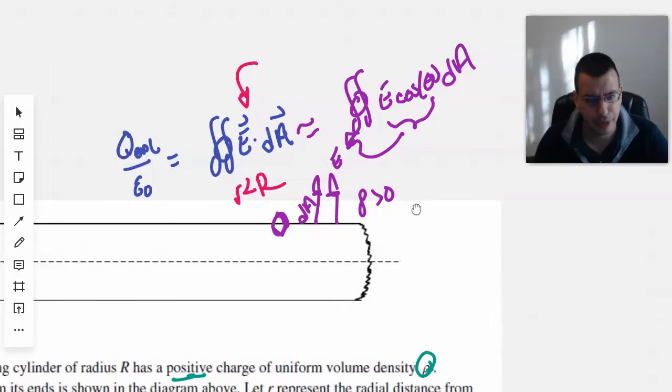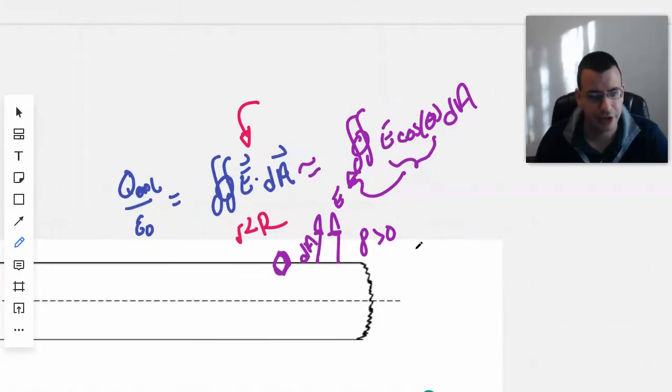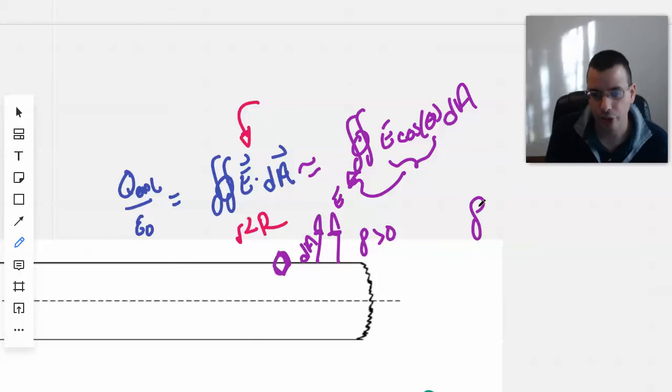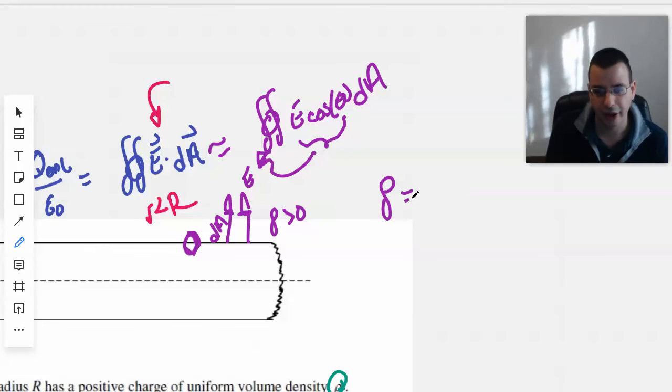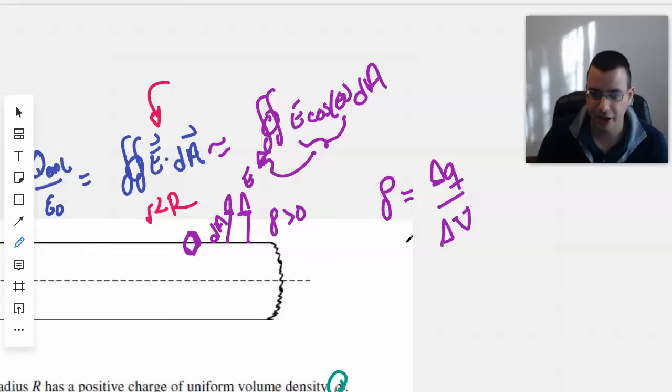Okay. Focus. Q enclosed. So we're given rho. When I do this in long form, I overanalyze it. Rho basically means for a given amount of volume, you get a constant rho.